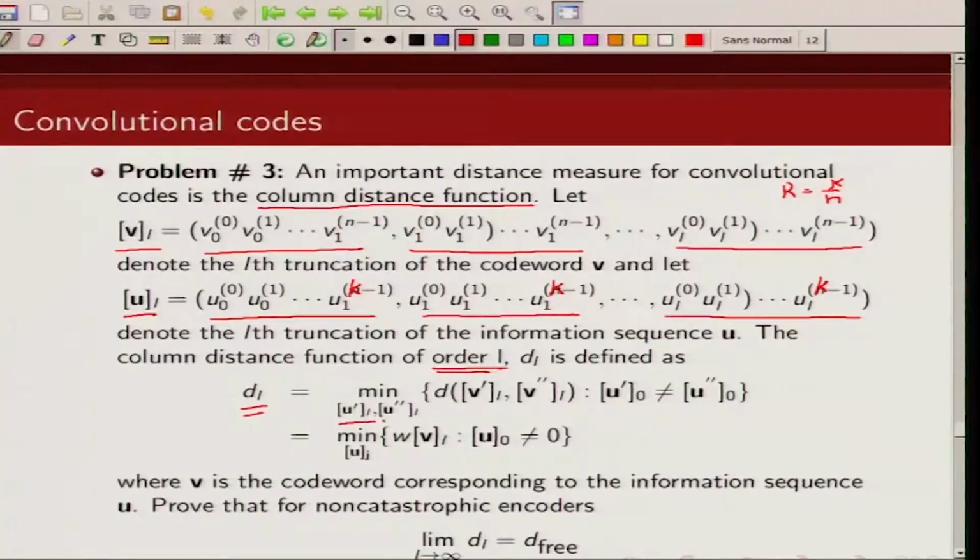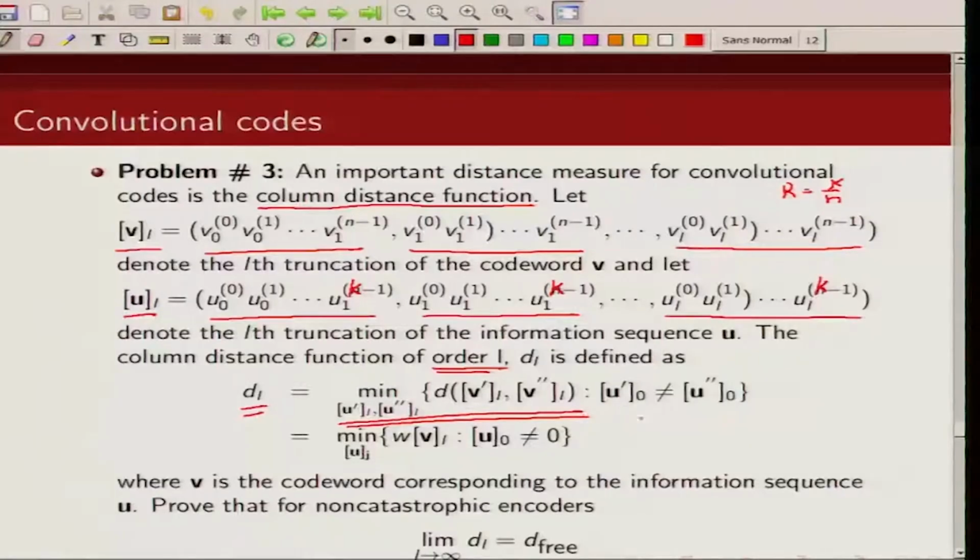It is the minimum distance between two truncated code words of length L, such that, so you can see, it is the minimum distance between two code words V1 hat and V1 double hat, both of length L, such that U dash and U double dash are not the same. So, it's essentially the Hamming distance between two truncated code sequences.